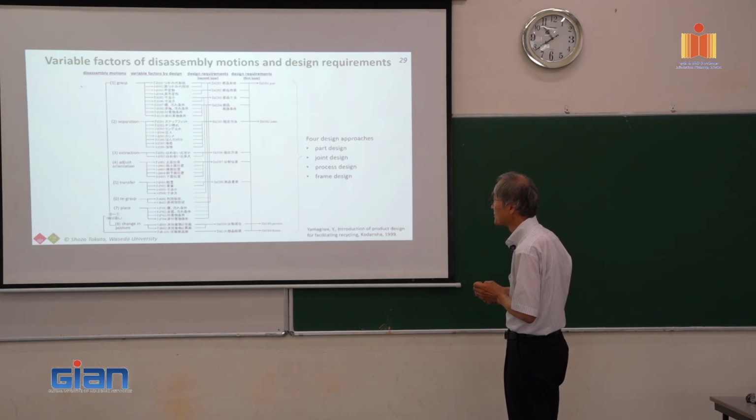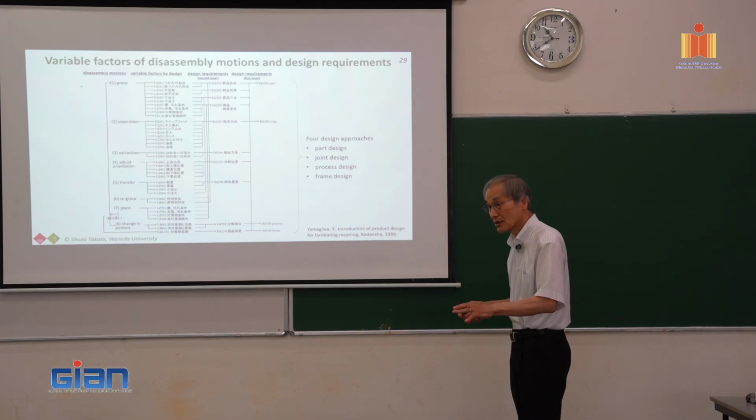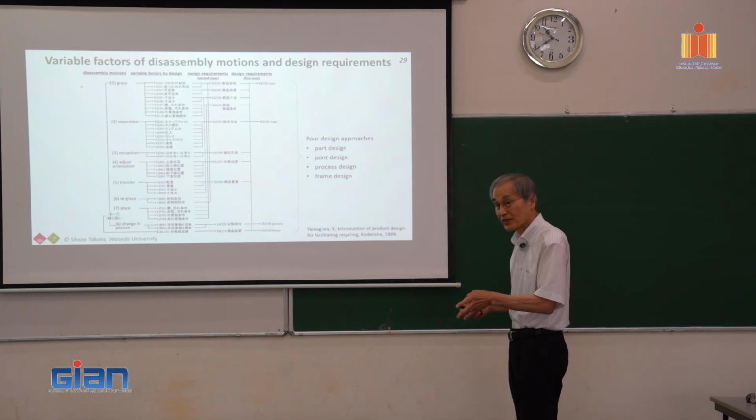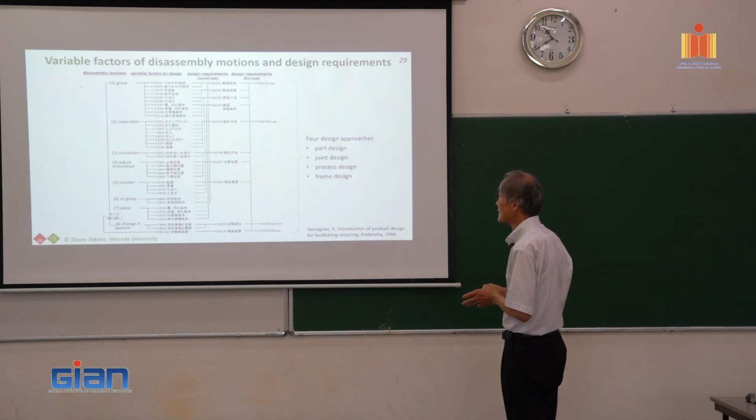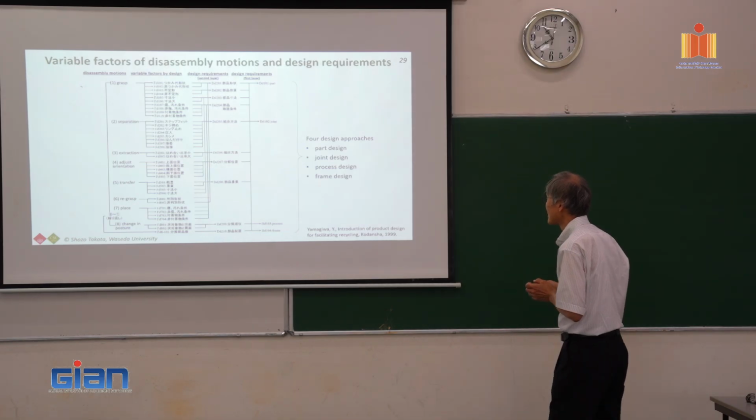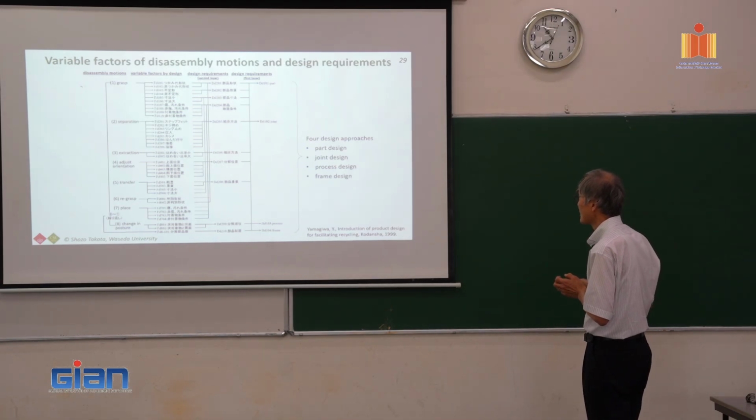What kind of fixing method is used, a screw or the snap fit, and so on. And these factors are aggregated into the requirement, and then they are categorized into 4 approaches: part design, joint design, process design, frame design.